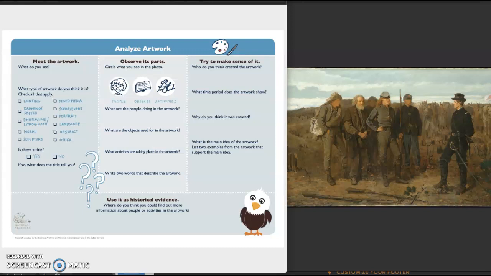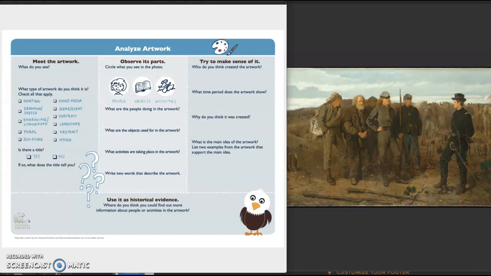Is there a title? Actually, yes, it is by Winslow Homer, and the painting is called Prisoners from the Front. You can try to infer what is happening in the painting by its name. So let's get to the observation in its parts.